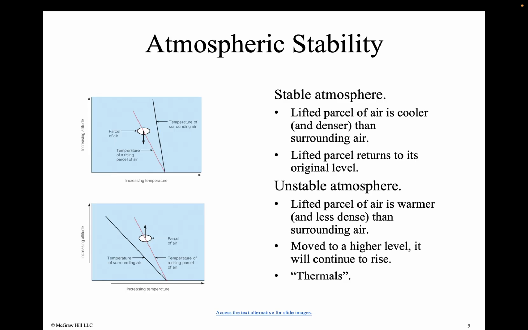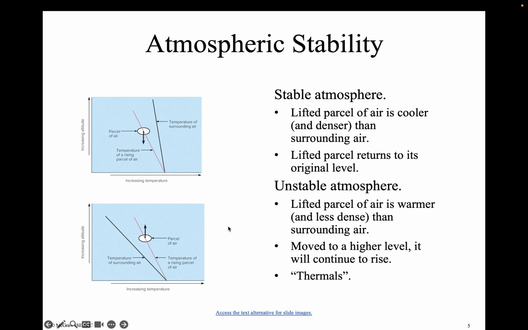So the unstable atmosphere, which is represented here by this graph, is when a lifted parcel of air is warmer, and because it is warmer, is less dense than the surrounding air. As you can see here, we have the parcel of air which is warmer than the temperature of the surrounding air. And because it is warmer, it's also less dense. What happens with a less dense parcel of air is that it keeps moving up.